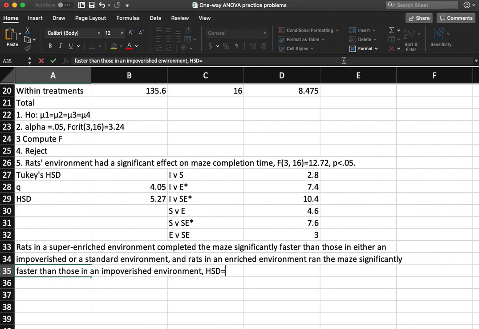We found this using the same Tukey's HSD of 5.27 at an alpha of 0.05, so p must be less than 0.05, and you're done with the sentence. One long sentence, one short sentence. I'll see you in the next solution.